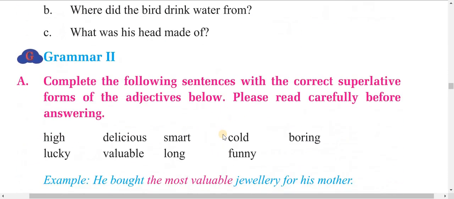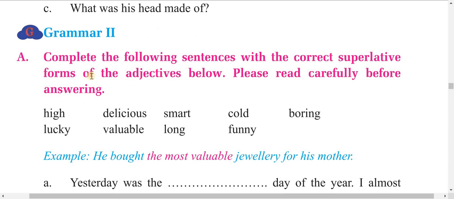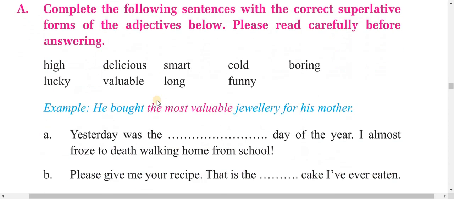Okay, now so dear students, complete the following grammar section. Complete the following sentences with the correct superlative forms of the adjectives below. Please read carefully before answering. So you can see adjectives here. These students, I have already told you the short adjectives. We have to change the short adjectives like high, tall, small, large.